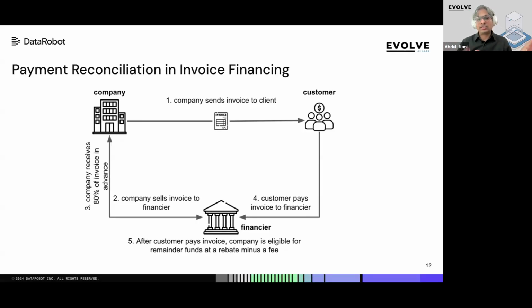So if you look at it, it's a win-win for everyone. The company gets access to funds early, the financier earns a fee, and the customer simplifies their process. So that is invoice financing in a nutshell. And this is the product for which this solution was built using DataRobot and generative AI.